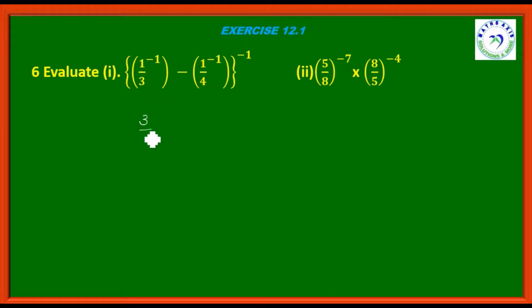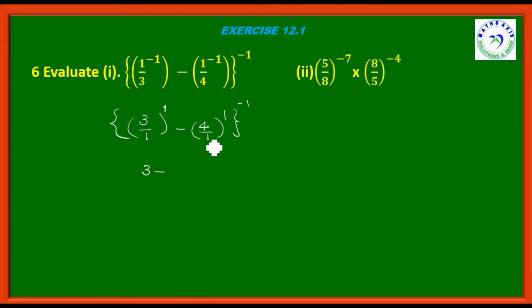Reciprocal of 1 by 3 is 3 by 1, and the power will change into positive. 3 by 1 power 1 minus 1 by 4 raised to minus 1, that comes 4 by 1 raised to 1, whole power minus 1. 3 by 1 is 3. 3 raised to 1 comes 3.